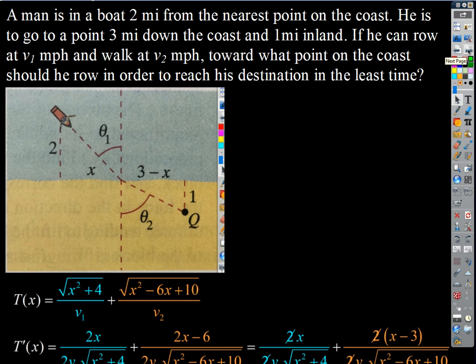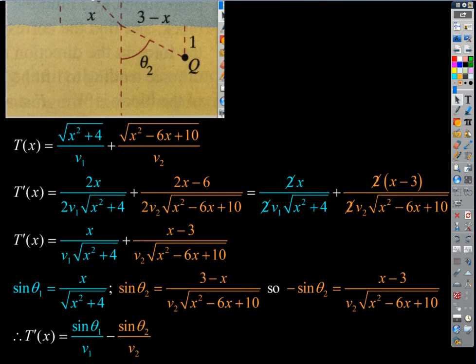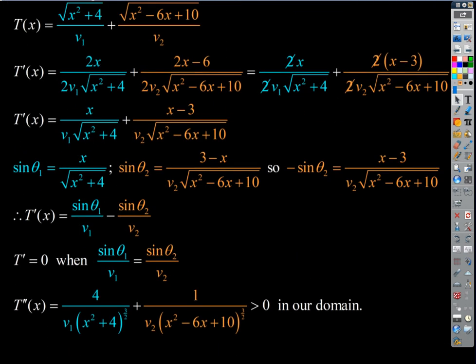So you guys remember what Snell's law is? What does Snell's law tell you about optics? It tells you the angle of incidence and refraction. I can write the formula. Remember it looking something like that?